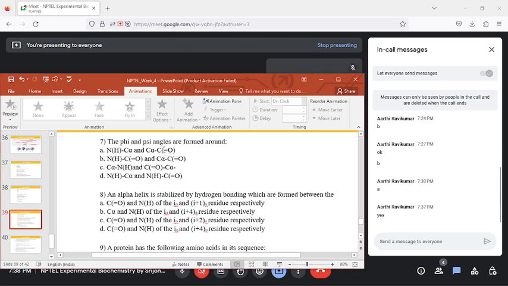So the right answer is A. Although you can be given two atoms or four atoms, don't get confused by that.